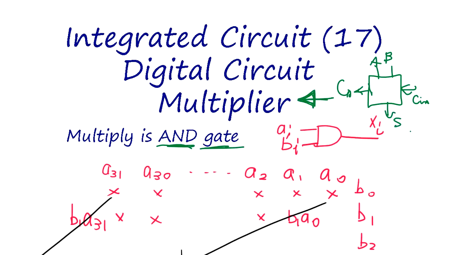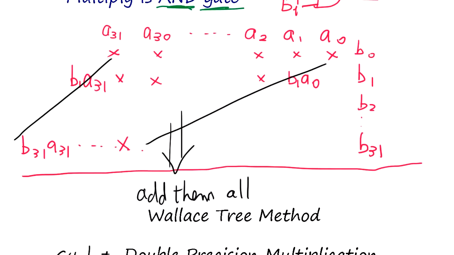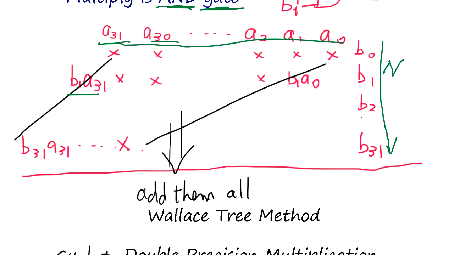So when you have, for example, 32-bit and 32-bit, every combination has to go through the full adders. If the number of bits is n, then the result is going to be 2n. Now let's count the number of inputs.